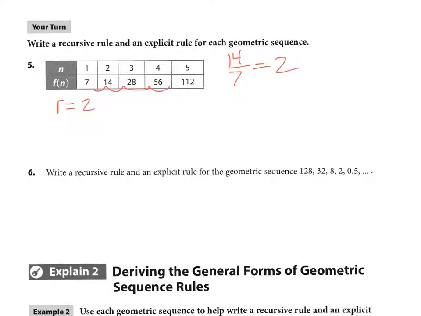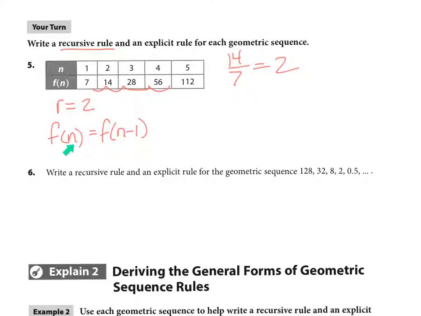Here's how you write the recursive rule. This is as easy as it gets right here. If I'm looking for f of n, recursive is always based on the previous term value. So it's f of n minus 1. That's how you denote the previous term.